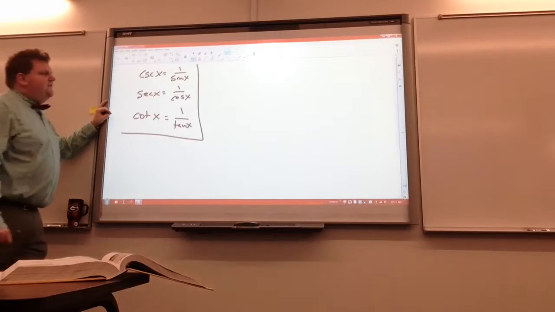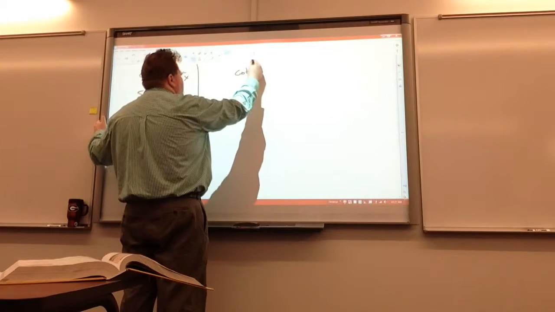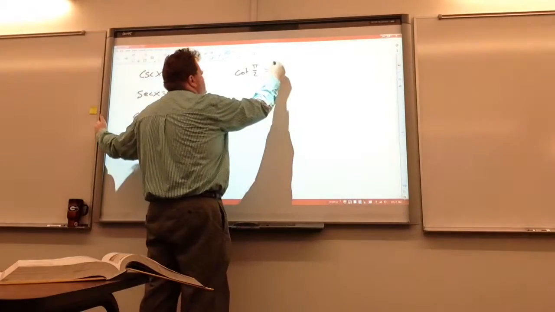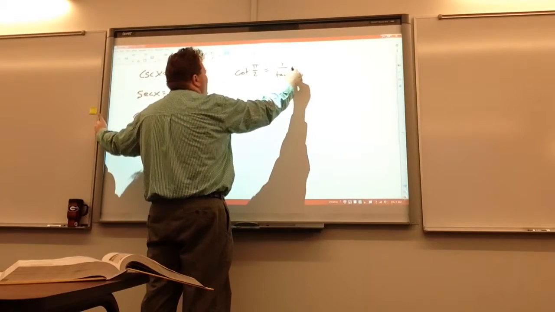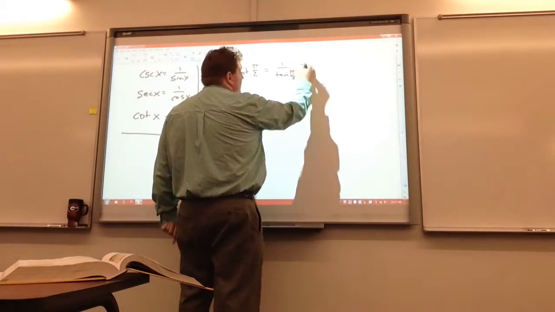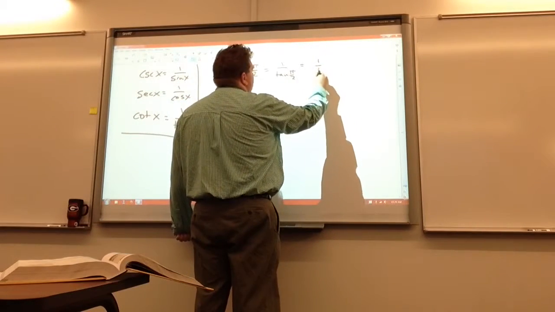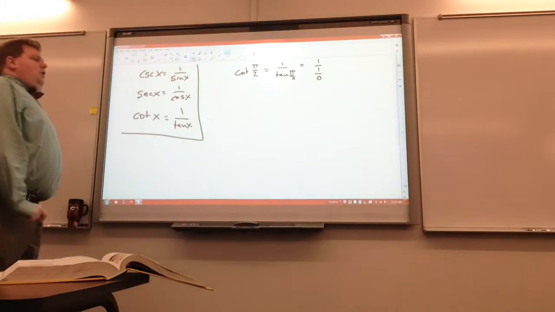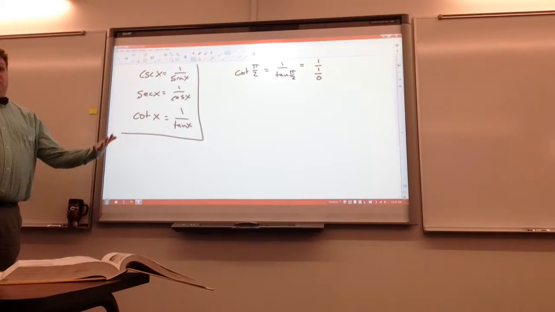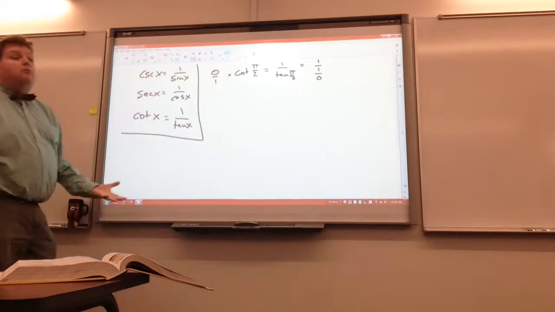If I looked at the cotangent of pi over 2, that's equal to 1 over the tangent of pi over 2, and the tangent of pi over 2 is undefined, so this would be written as 1 over 0. The calculator is going to read 1 over 0 as being undefined, because it should be. However, the cotangent would just be 0 over 1, which is just 0.